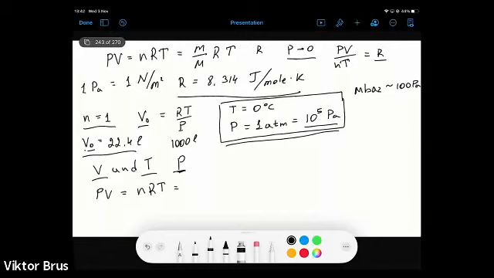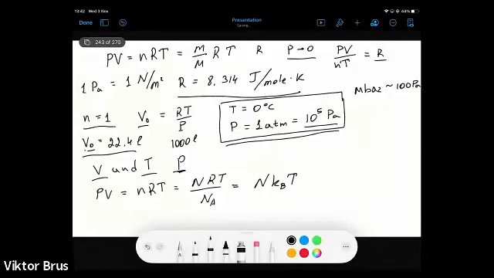Then we can express n as a ratio between capital N, which stands for total number of atoms, divided by Avogadro's number. So number of moles can be given as the ratio of total number of atoms divided by Avogadro's number. So now we can write it as follows: it will be total number of atoms times constant k_B times temperature.